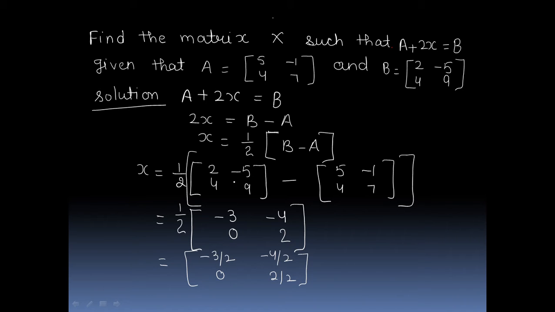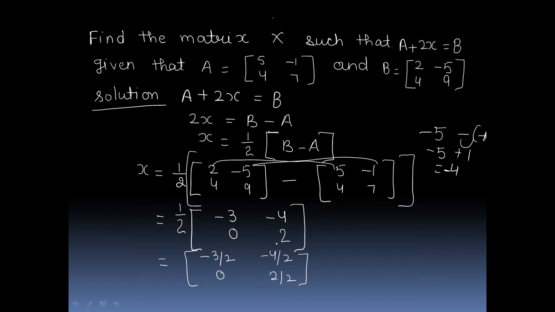We implement the subtraction operation of matrices here. 2 minus 5, that is minus 3, minus 5 plus 1 is minus 4, 4 minus 4 is 0, 9 minus 7 is 2.